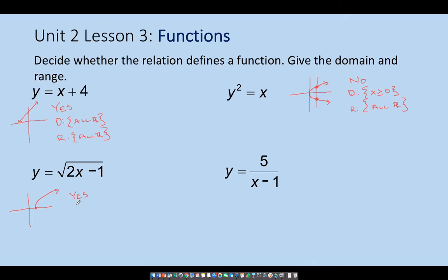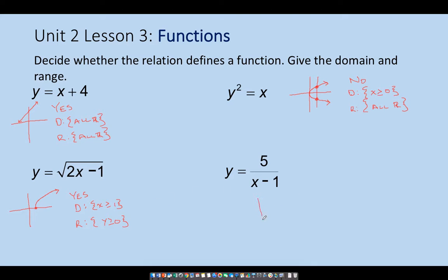And my domain, well, my x values actually start here at 1. 2 times 1 is 1. 1 minus 1 is 0. Square root of 0 is 0. And so I'm going to say x has to be greater than or equal to 1. But my range, well, my y values start at 0, and then they go forever up here. So y has to be greater than or equal to 0.